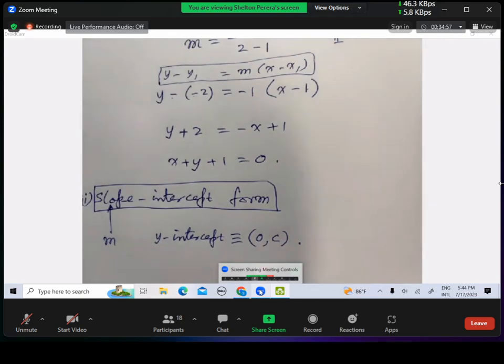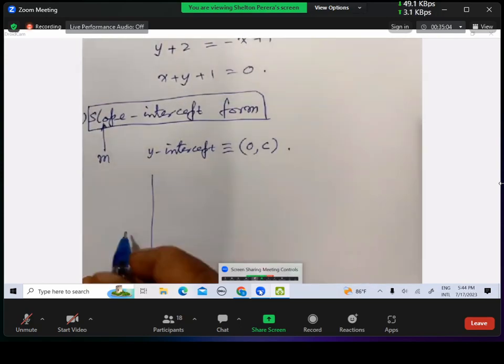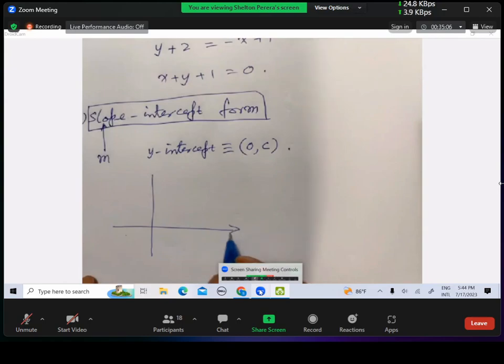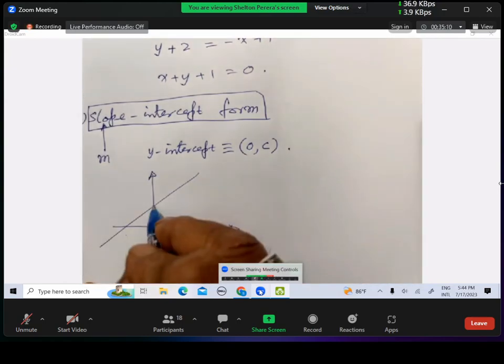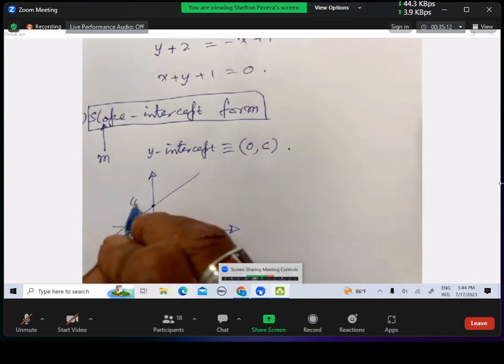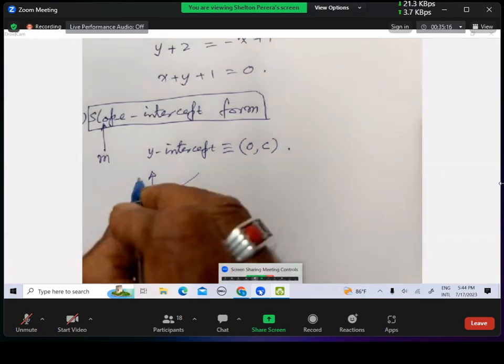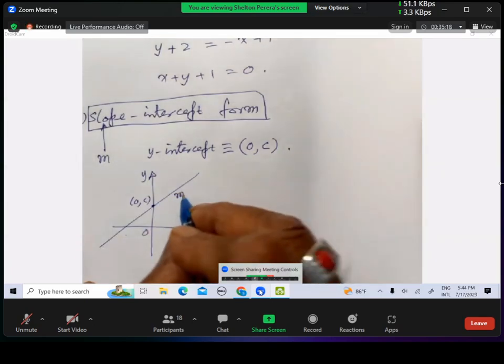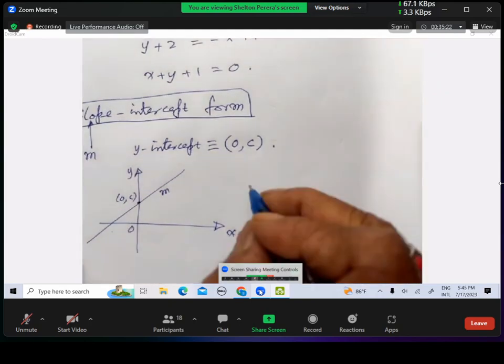Y-intercept 0. It's like this. Coordinates of this point. Slope is m. Now we can use the point slope form.